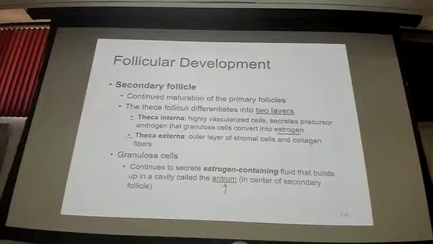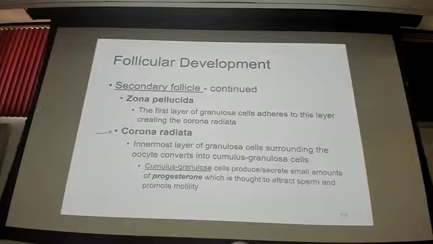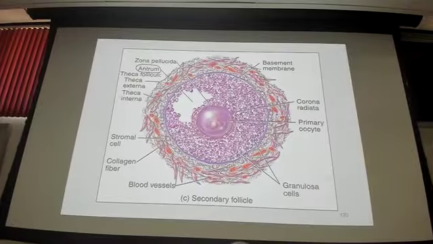The theca interna and externa are still on the outside of the basement membrane, but it's just two thoughts on the same slide, right? So the theca interna, you see how we have this whitish ring? That's the interna, and then the externa is the way outside part. Does that answer your question? And then the granulosa cells are all the purple things on the inside that are surrounding the egg.